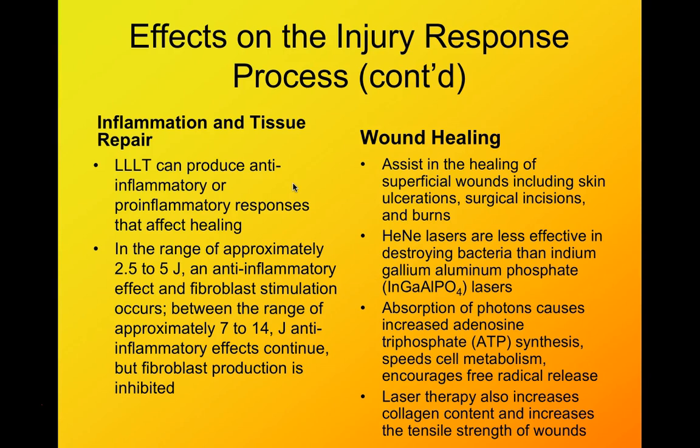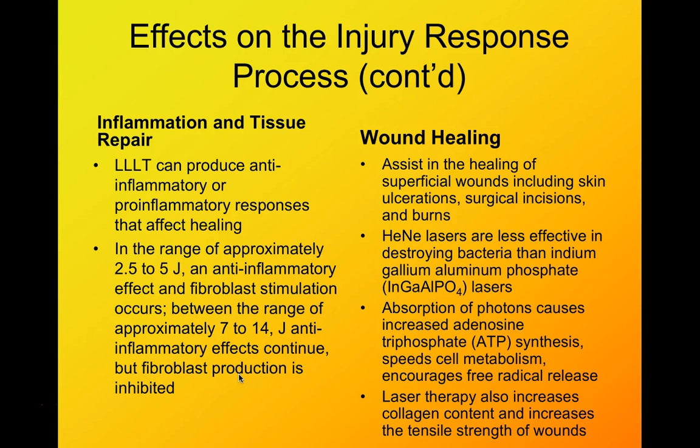So it's depending on your goal. In the range somewhere between 2.5 to 5 joules, an anti-inflammatory effect occurs and we stimulate fibroblasts. If we go up to 7 to 14 joules, we've seen more anti-inflammatory effects that continue, but actually fibroblast production becomes inhibited.